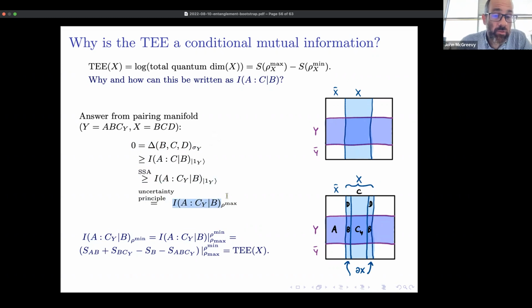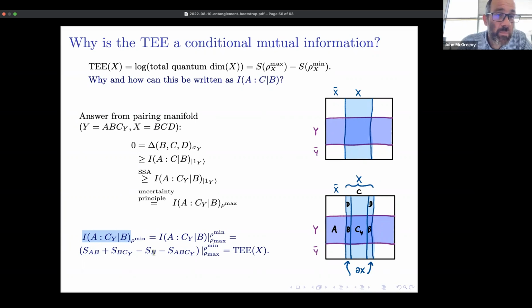And so in particular, the maximum entropy state on Y has vanishing conditional mutual information, which means that the conditional mutual information of the minimum entropy state on Y is equal to the difference, because the maximum vanishes. The definition of conditional mutual information has these four parts. The first three parts actually are all the same between the minimum entropy state and the maximum entropy state, because this is a ball, this is a ball, this is part of a ball.